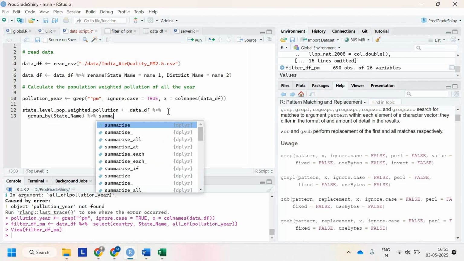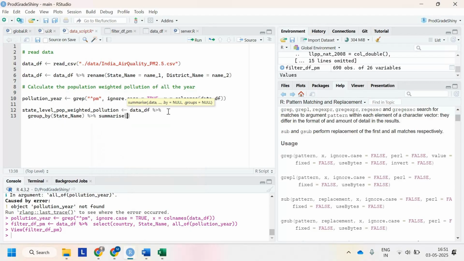And I'm summarizing. So within the summarize function, we will use the formula of weighted average. There is a function called across.